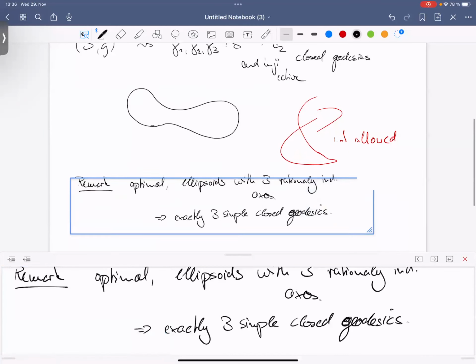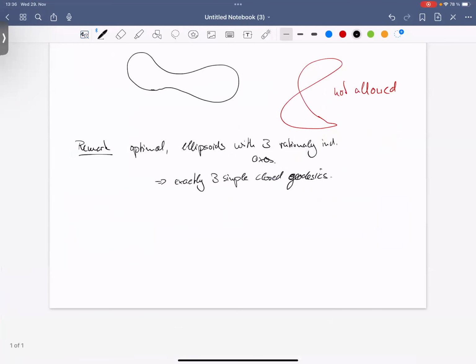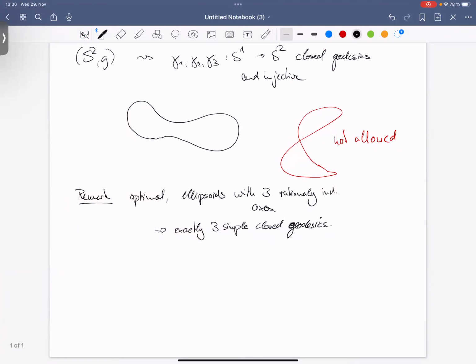You can look at this from many different angles, how to prove that. These three closed geodesics come about as the intersection of your ellipsoid with the coordinate planes. So basically you have your ellipsoid, and then you have those ones, and which one am I missing? Ah, yeah, of course, this one.